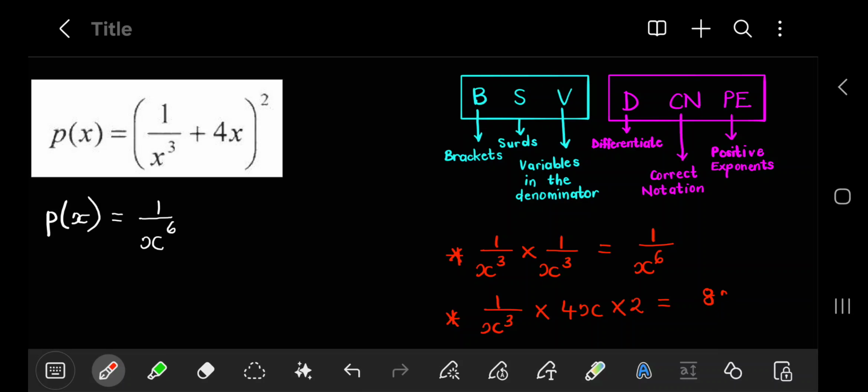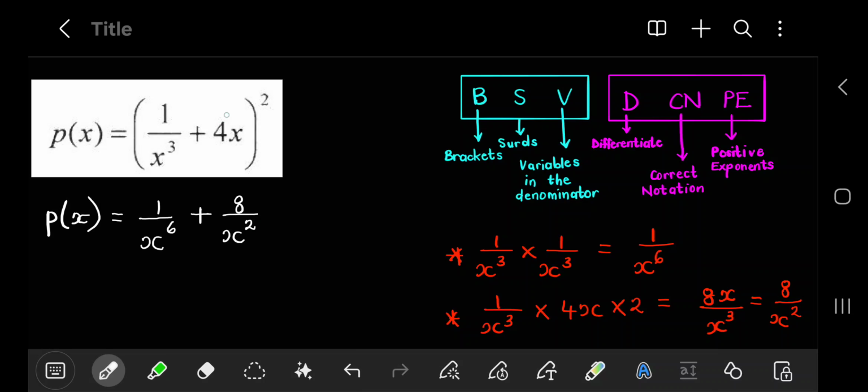Basically, this is what we have in the numerator, 8x over x cubed. This will simplify to 8 over x squared. Remember, the x from the top can cancel out with one of the x's from the bottom. So this gives us plus 8 over x squared.